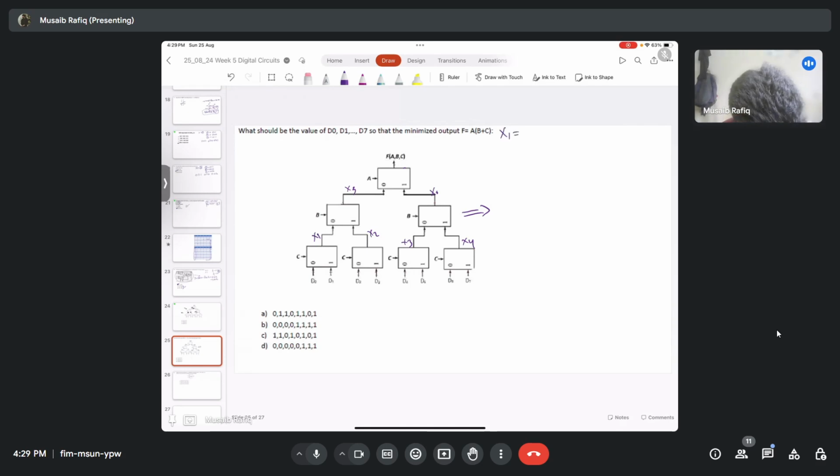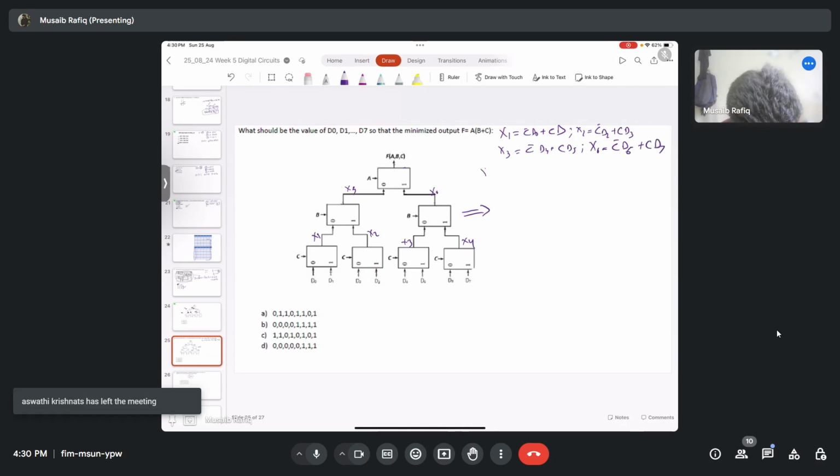So, x1 will be equal to c bar d0 plus c d1, x2 will be equal to c bar d2 plus c d3, x3 will be equal to c bar d4 plus c d5, and x4 will be equal to c bar d6 plus c d7, right?